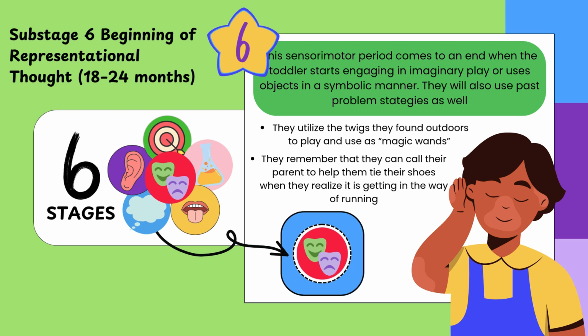So, for example, they utilize the twigs they found outdoors to play and use as magic wands. Another example is that they remember that they can call their parents to help them tie their shoes when they realize that the shoes are interfering with their running. And I use the little theater masks for that because they're now engaging in imaginative play.